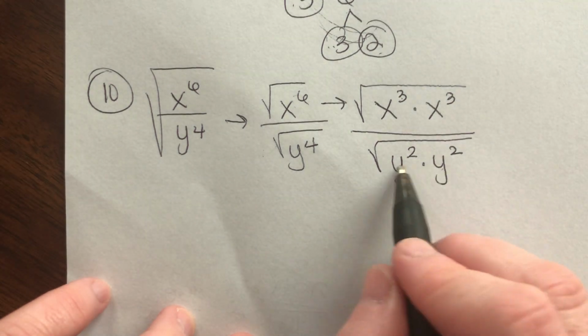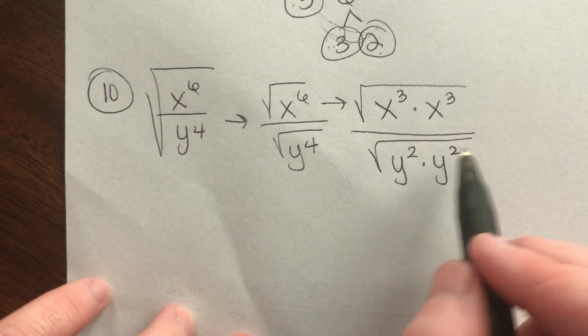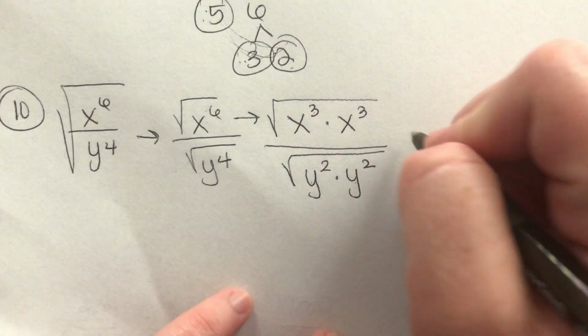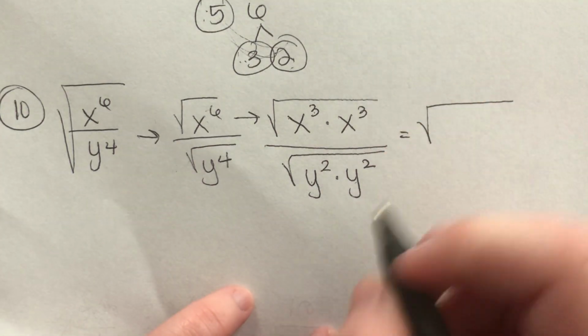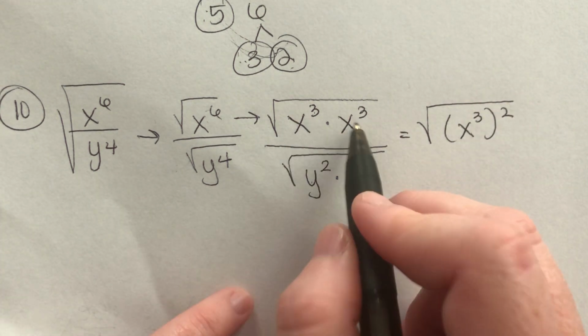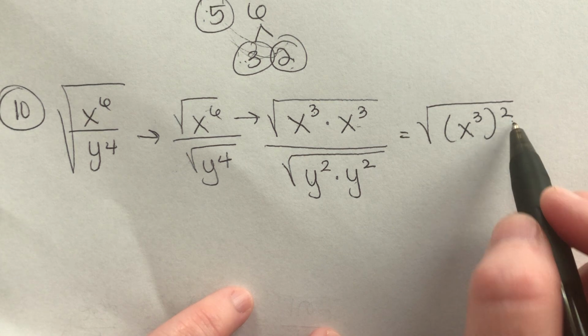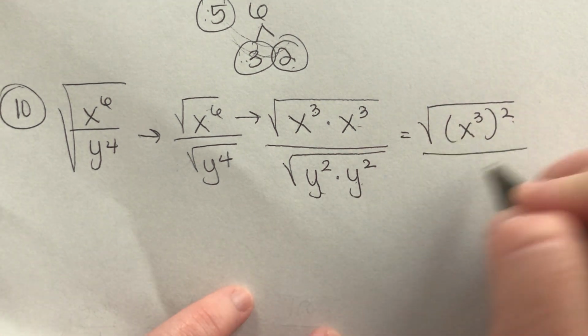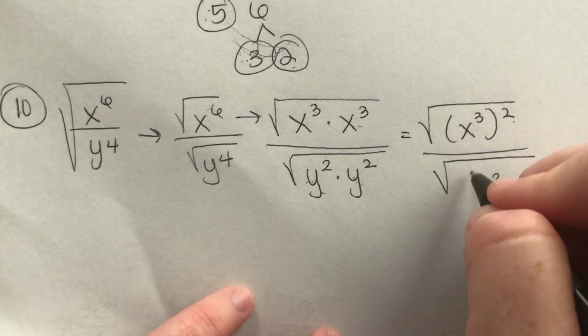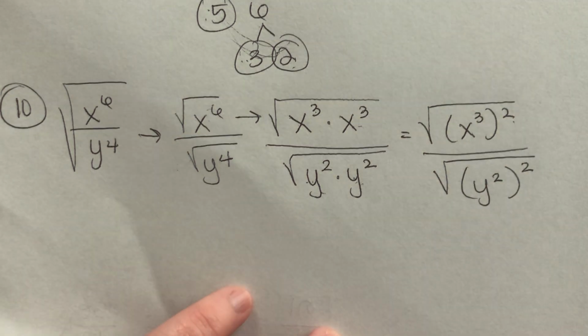Because when you multiply bases, you add the exponents, and I want them to look the same so that I can pair them up, right? So now I've got square root of x to the 3rd squared, because anything I pair up, I square it, right? Down here, I've got under the radical, my base is y squared, and there's 2 of them, so it's being squared.